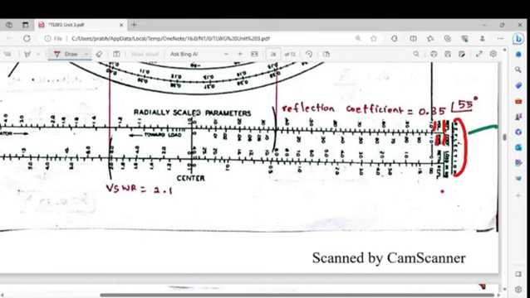This is your center point. The values of the reflection coefficient vary from 0 to 1 in magnitude. So 0, then 0.1, 0.2, 0.3, 0.4, 0.5, up to 1.